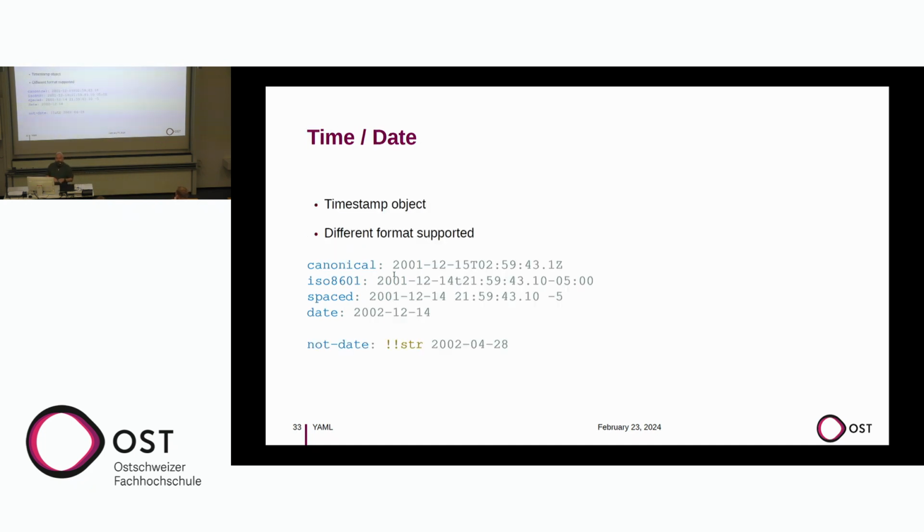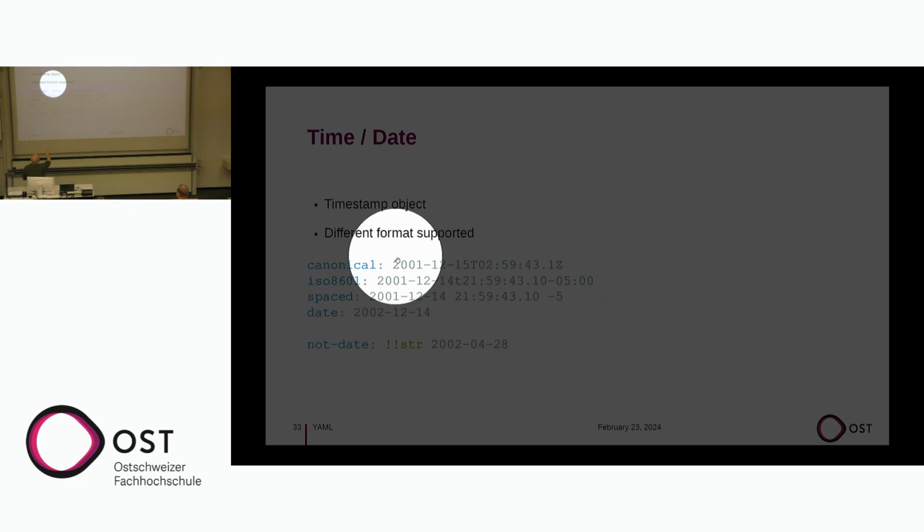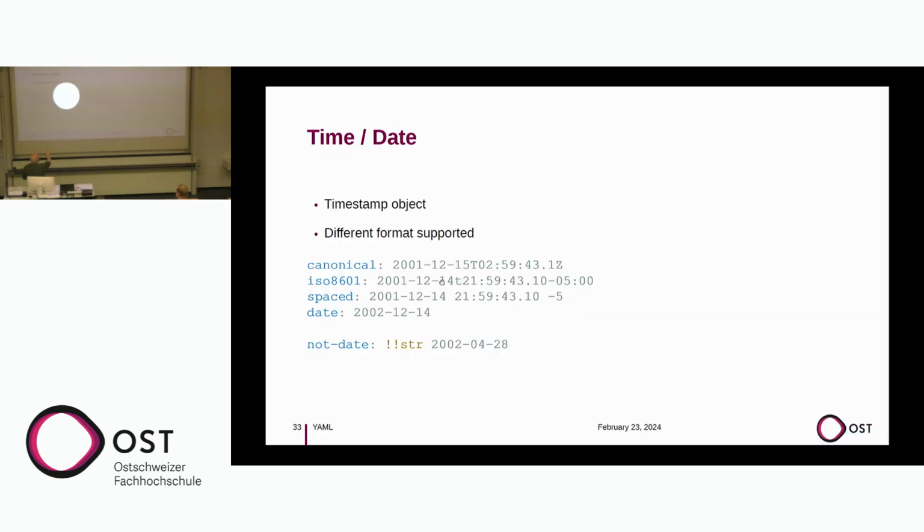And time is also one thing we have to be aware of. If we just put it like this, it will be converted to a date type. So if you want to keep the format as a string, you have to put it in brackets or make it explicit with string.